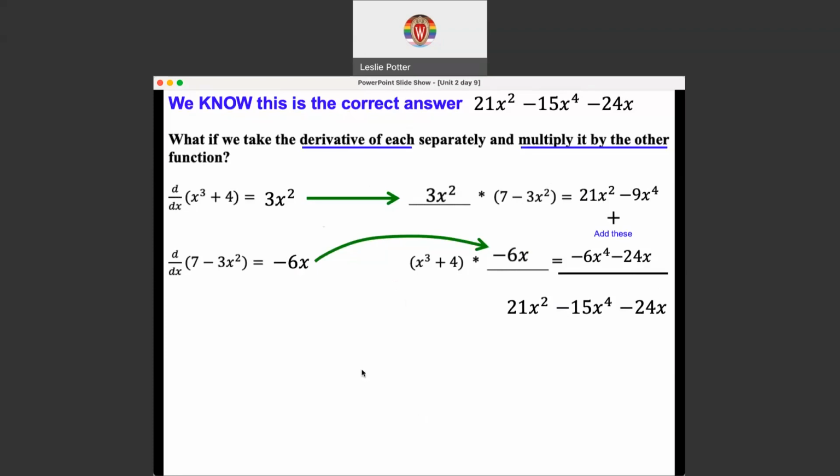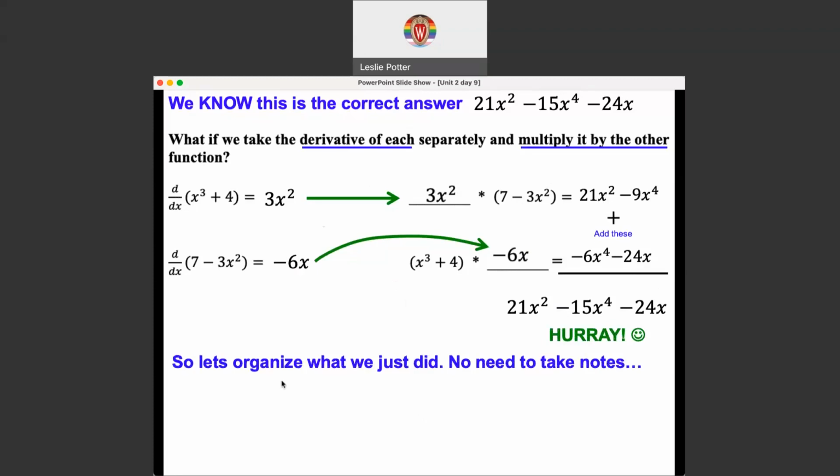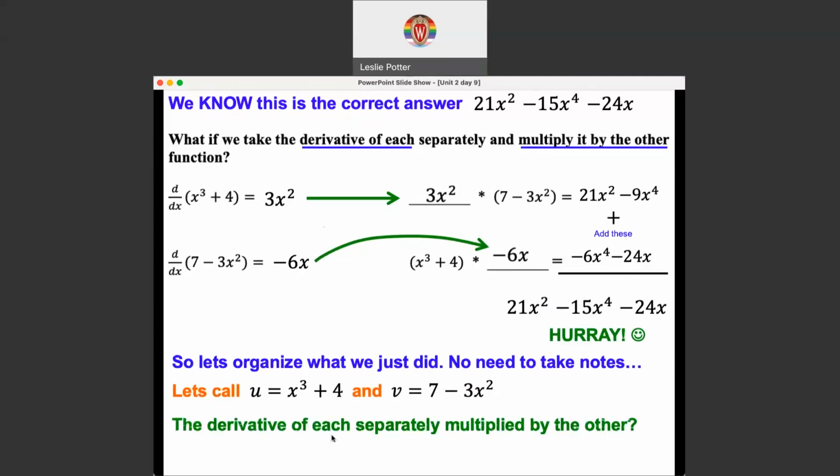Okay, so let's diagram what we just did here. So don't take notes quite yet. Let's call the first product U, and let's call the second part of the product V. So in essence, our original question was U times V. We needed the derivatives of each one of these things.